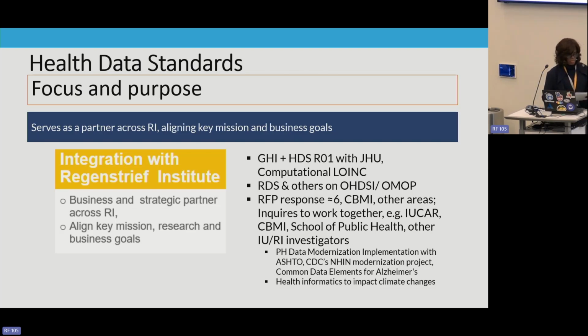And then zeroing in further on this goal, we're beginning to see traction here. Through what we describe as a bottom-up, top-down, grassroots approach, and by connecting with all of you, our colleagues, and other centers, programs, and units. For example, we're working with GHI on an R01 grant with Johns Hopkins University on computational LOINC.